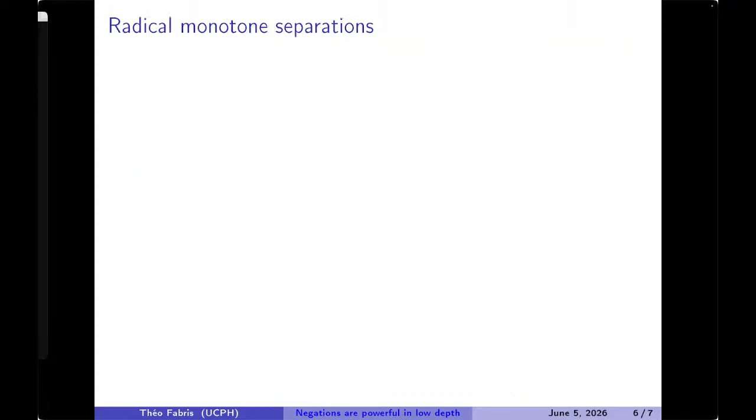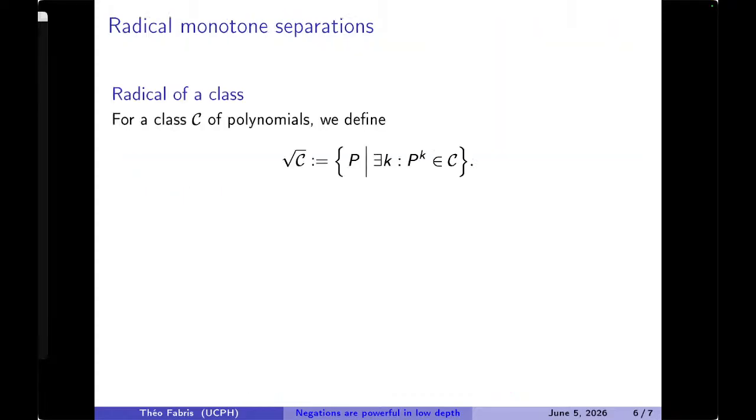But we also have a different kind of separation, where we consider the radical of a class. We also have a different kind of monotone separation, but in order to state that result, I need to define what is a radical of a class, and it's basically what we would expect.